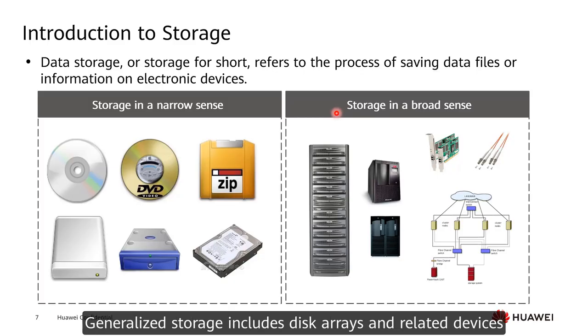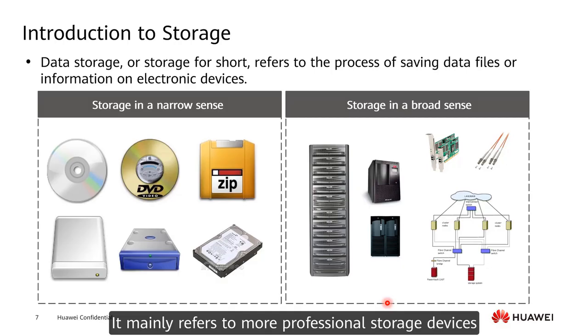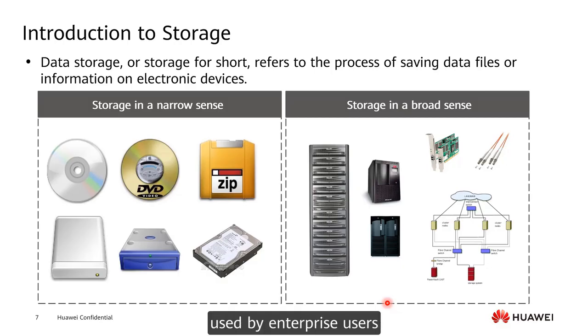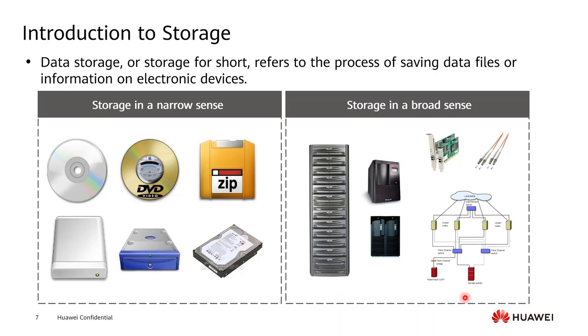Generalized storage includes disk arrays and related devices, such as RAID cards and SD cards. It mainly refers to more professional storage devices used by enterprise users. In the following sections, we will learn the principles and the use of generalized storage devices.